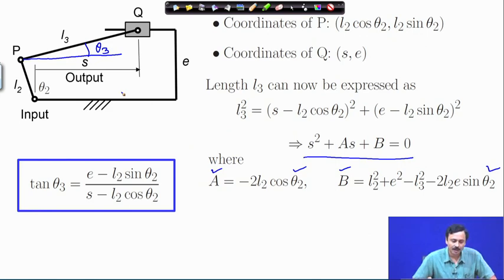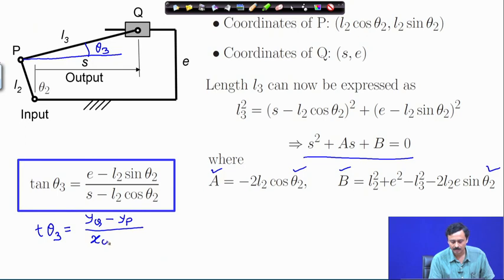So, the angle of the link PQ with the horizontal, which is the x axis, is the angle theta 3, and tangent of theta 3, T theta 3, is YQ minus YP divided by XQ minus x p.